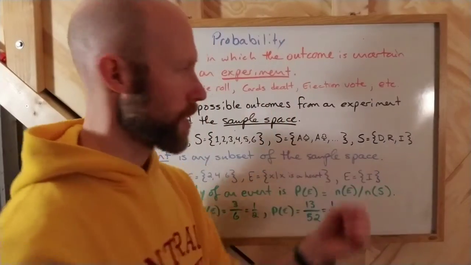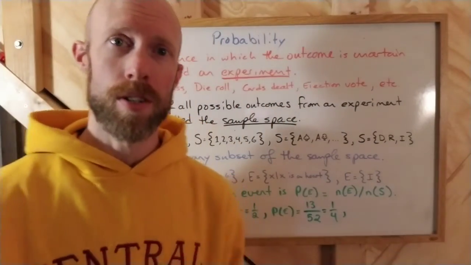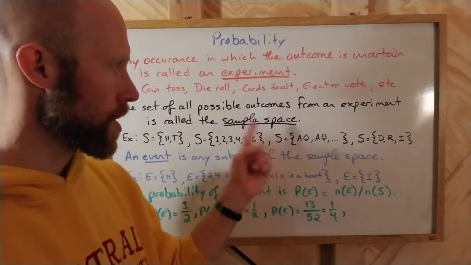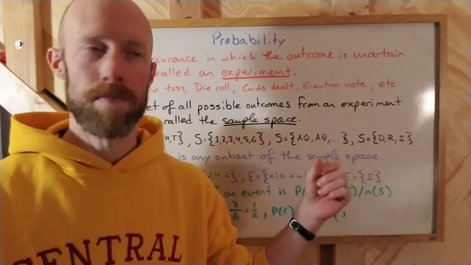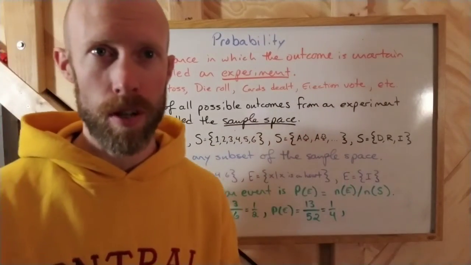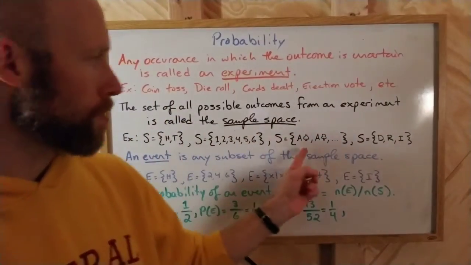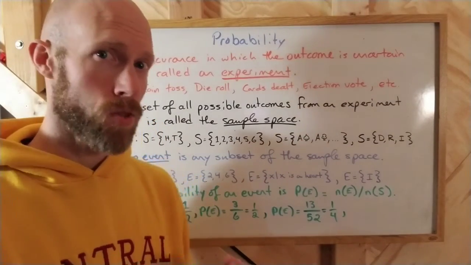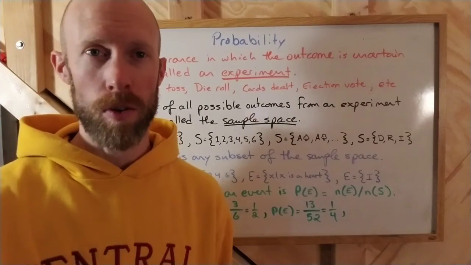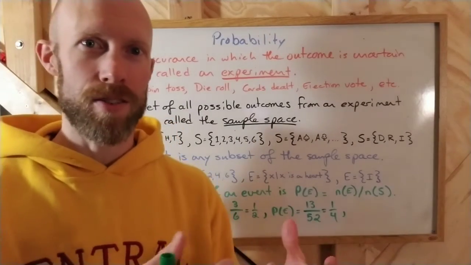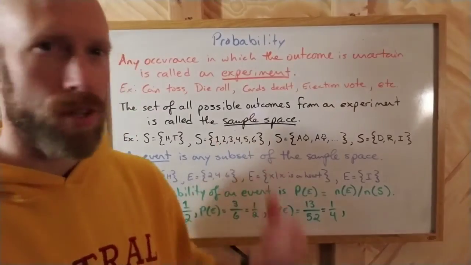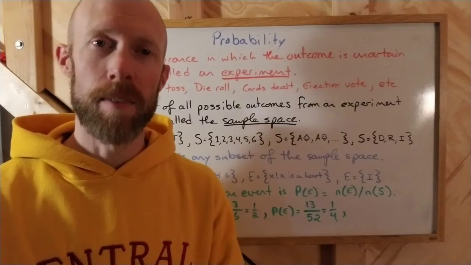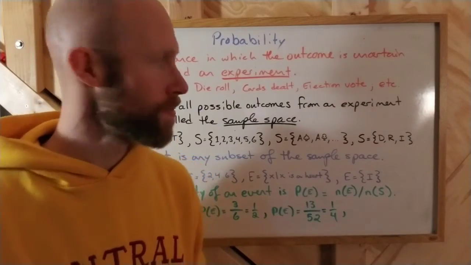And finally, one of the interesting assumptions here is that you have to assume, in order to make this all work out, that these are equally likely outcomes. In the first three examples, I think it's obvious that each individual outcome is equally likely. A coin toss: heads and tails are equally likely. The numbers 1 through 6 are equally likely. The cards in the deck, if you shuffle that deck up, are equally likely to occur.